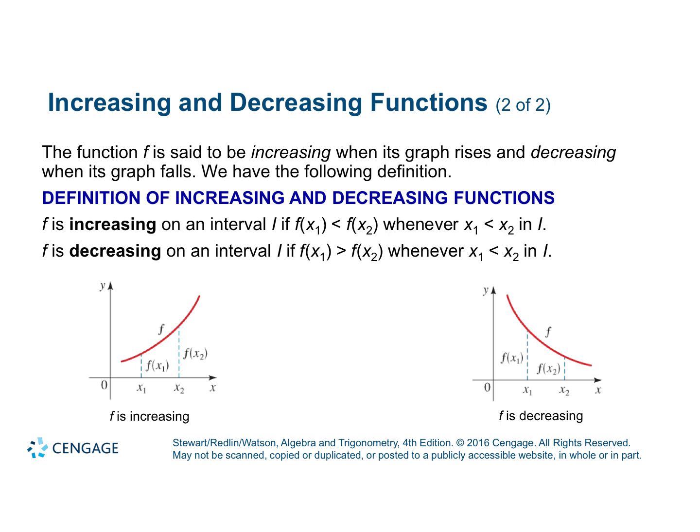What does that mean? If your first point right here, this is x1, is lower than your x2, then it is increasing, because you're going from a down point and then you're moving up with the graph.